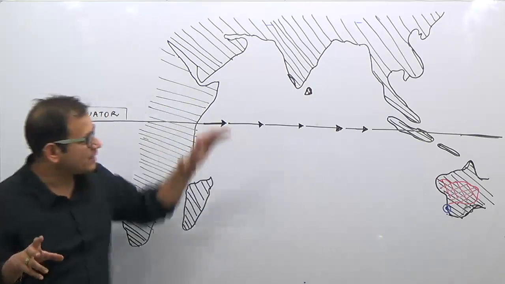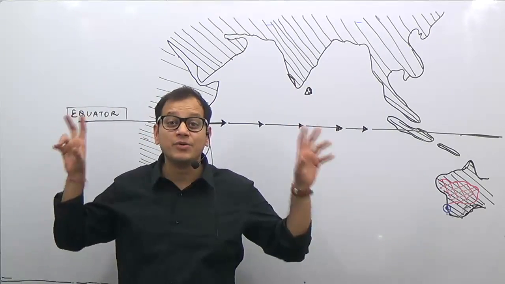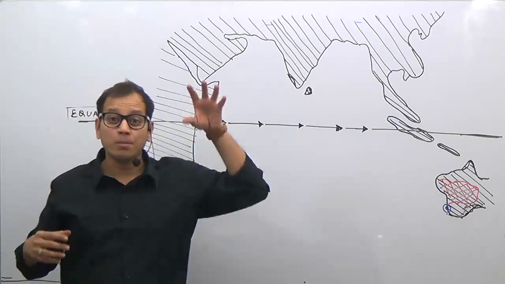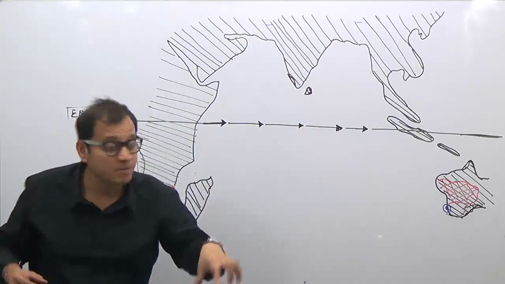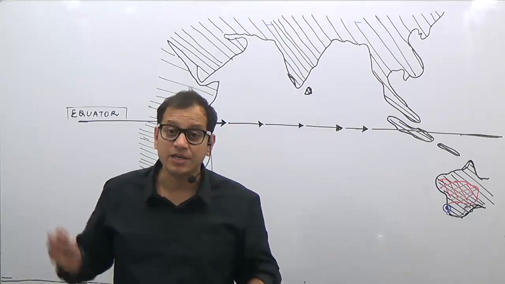That means the northern part of the Indian Ocean, because it is enclosed from all sides, is surrounded by landmass. And because it is surrounded by landmass, the monsoon winds and the landmass have a major effect on the currents generated in the Indian Ocean system.